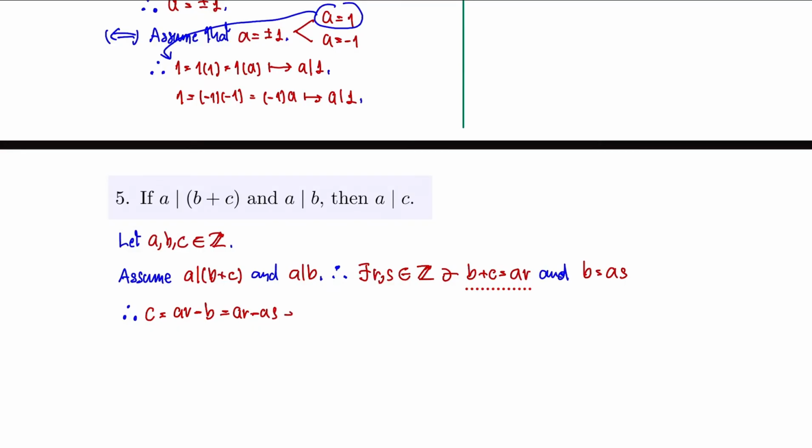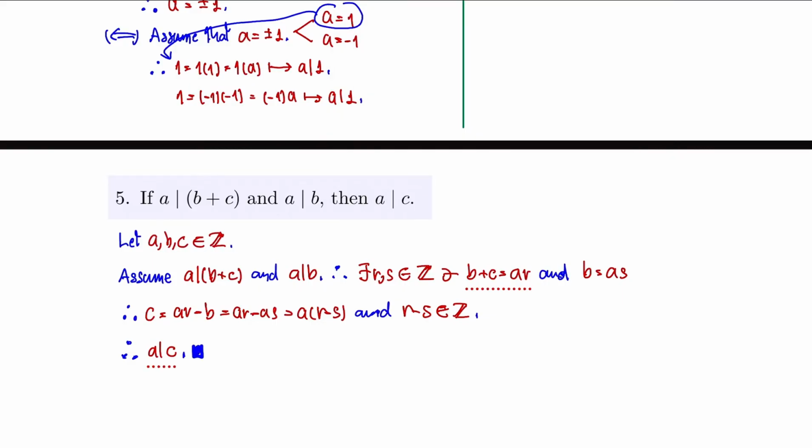And then we factorize A, we have A times R minus S. And R minus S is an integer, right? So now our C becomes A times (R minus S), and R minus S is an integer. So we have proved that A divides C.